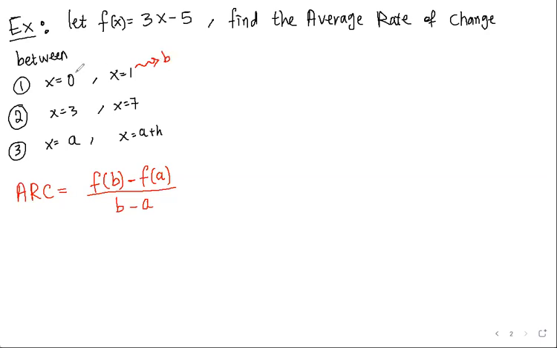This is b, this is a. So let me give you more information. If I want to use this as my b and this is my a, I have to plug by the order b and a inside the formula.